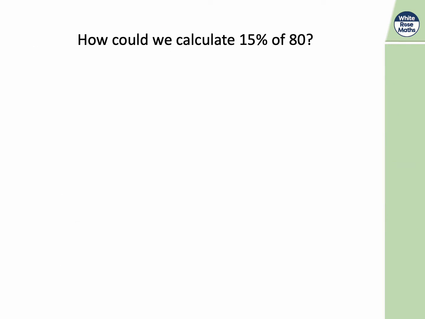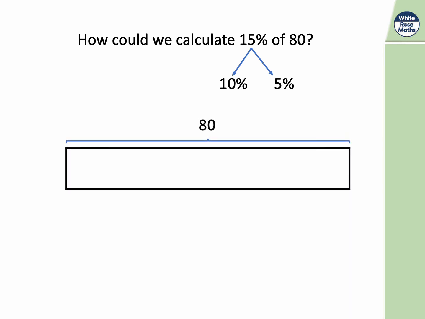How could we calculate 15% of 80? Well, here, I can work out what 10% is and what 5% is. So there are our 10 boxes. 10% is equal to this green part here. 10% of 80, we should know, is equal to 8.